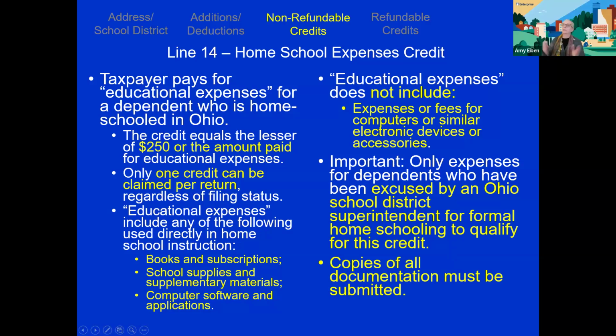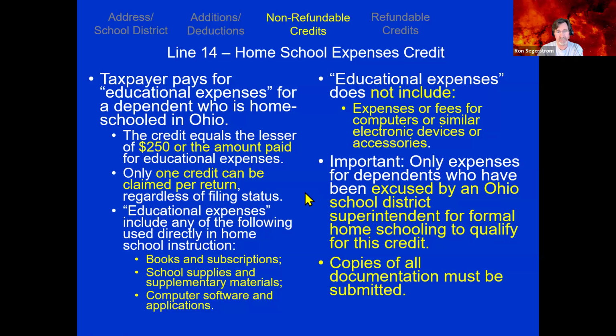Okay, so they're excused from going to school. Yeah, to public school, or I guess private school or whatever. So it allows them to homeschool their kids. Thank you. Yeah, you're welcome. I don't have kids, so I don't know a lot about it, but that's what's in the tax code.